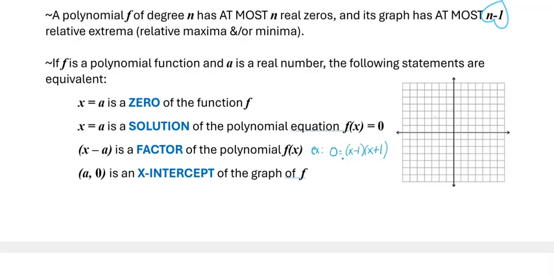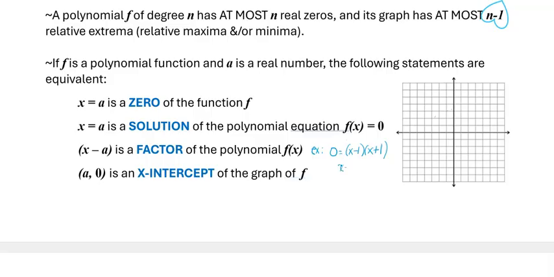If a is a zero, then x minus a is a factor. So let's say I have this polynomial f of x equals x minus 1 times x plus 1. And I want to know what the zeros are. Well, the zeros are where it crosses the x-axis, where y is 0, or the whole function is 0. So I would say 0 equals x minus 1 times x plus 1, and I would solve for x. And that means that one of these factors has got to be 0.